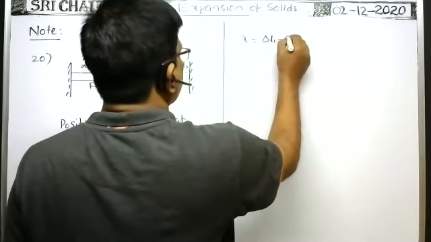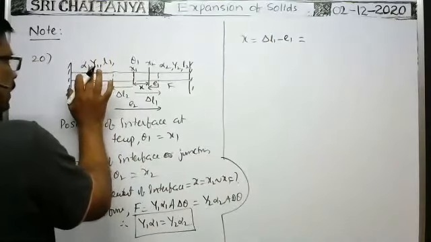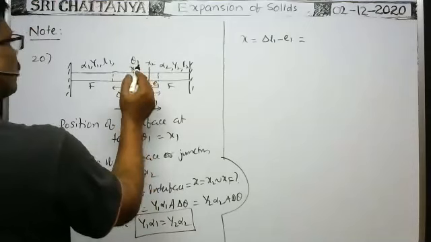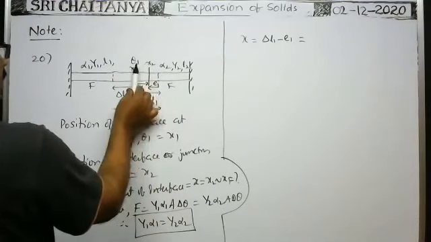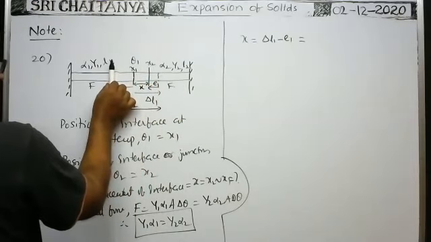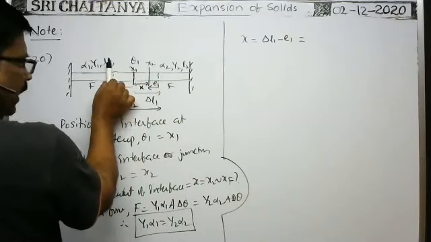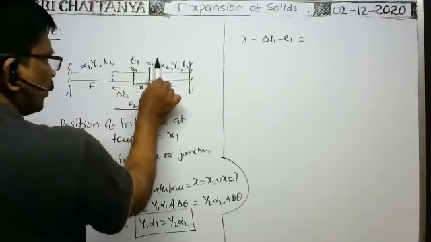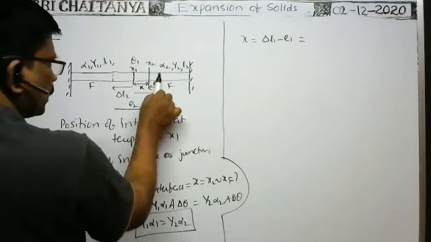We have written this for this rod. Here actually, whenever heated, this rod expands from this position to this position. But again, because of this rigid support, it is fixed, it is compressed so that its length decreases to this part.